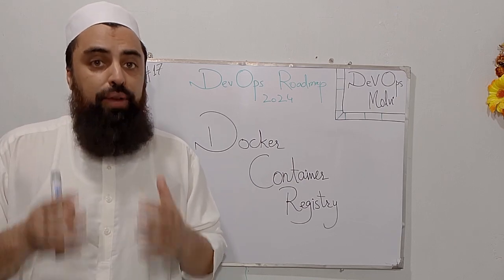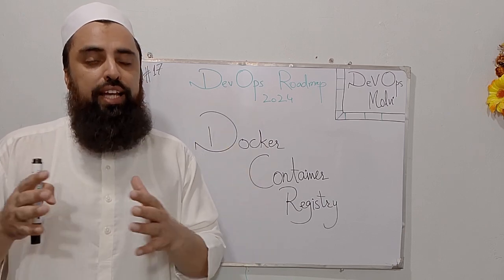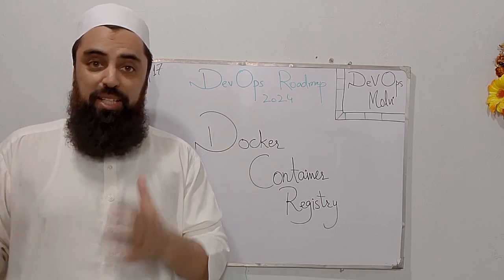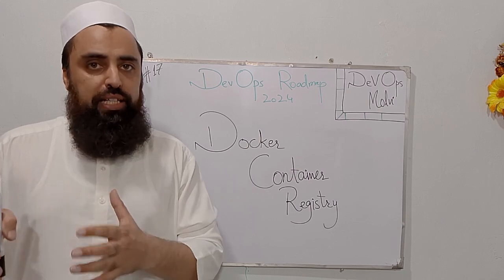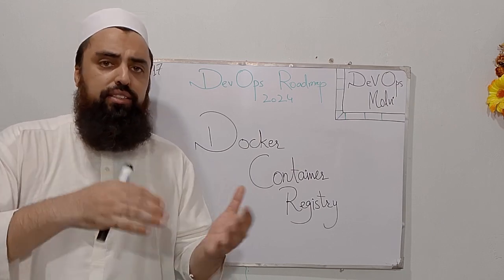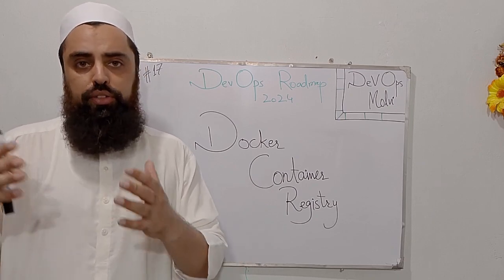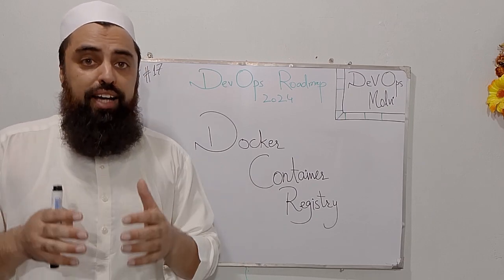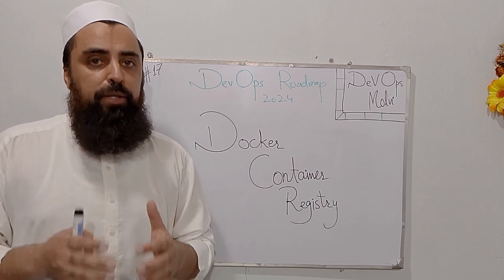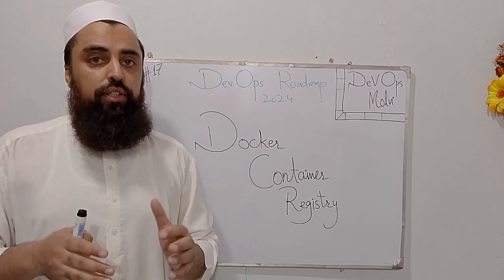So the container registry is a centralized point where we can store our Docker images. All those Docker images have proper tags and releases. We can tag our images according to the versions, according to the release, etc. So guys, Docker provides a free public registry where we can host our Docker images.